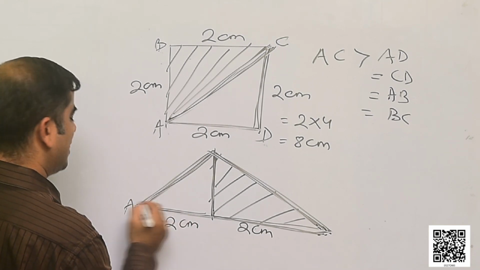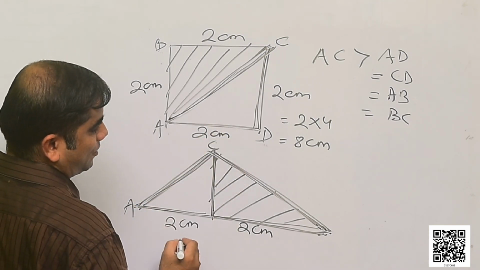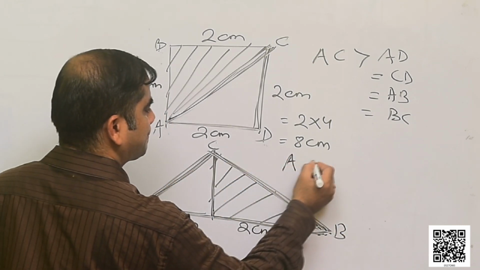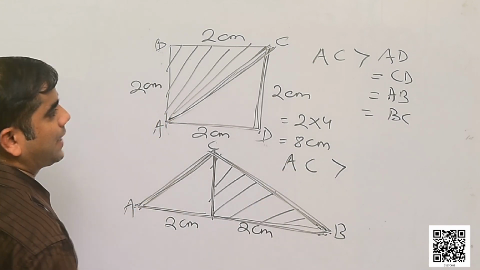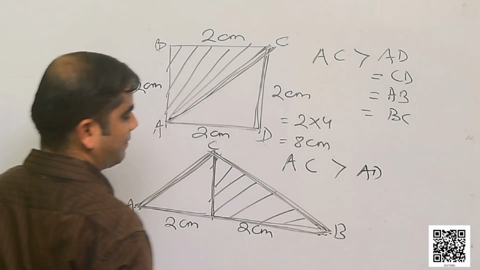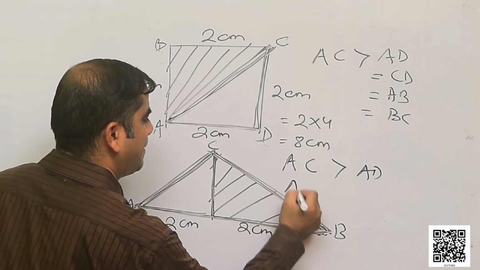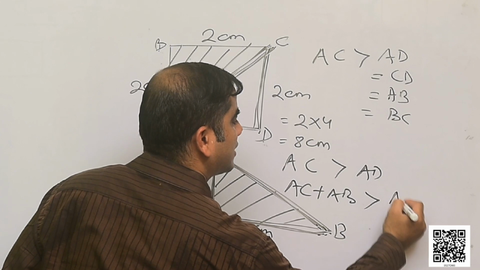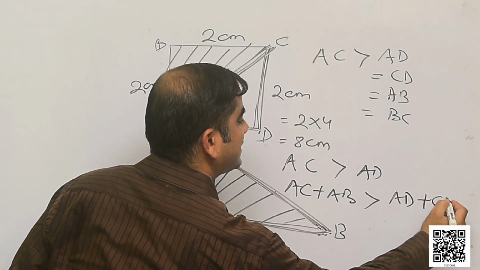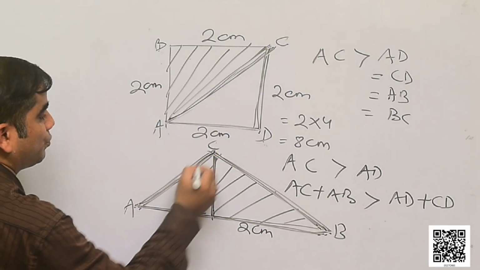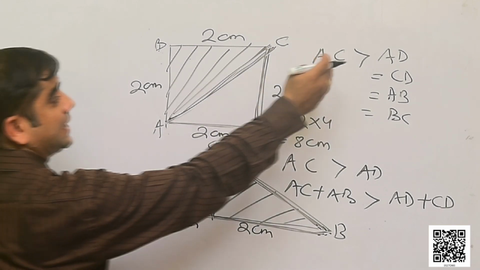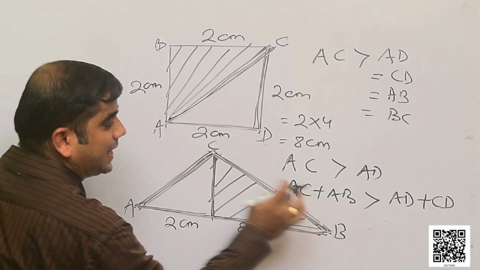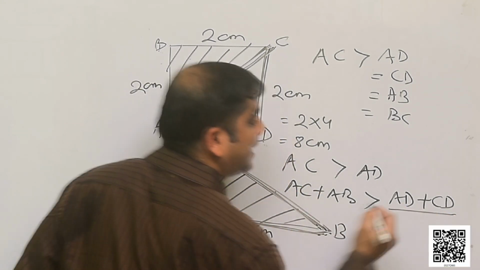Let me draw like this. Suppose this is AC, and this is B. So AC is greater than AD. So AC plus AB is greater than the sum of any two sides. Let me check AD plus CD, because this is the side that is greater than each side of the square. So the sum of the two sides is greater than the sum of any two sides.